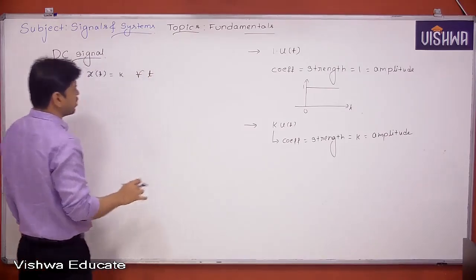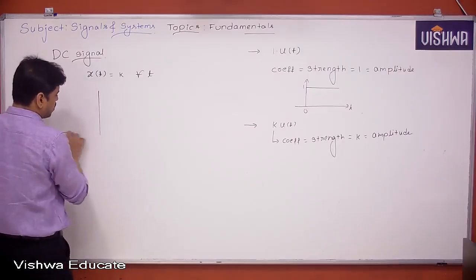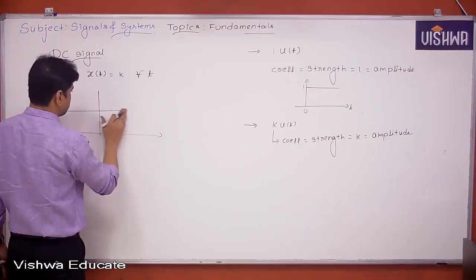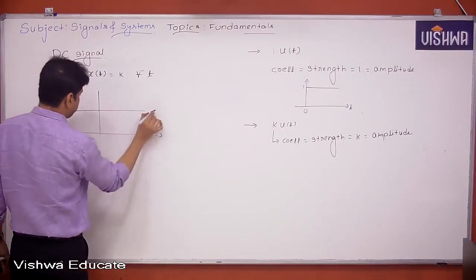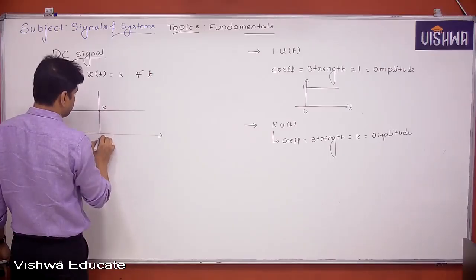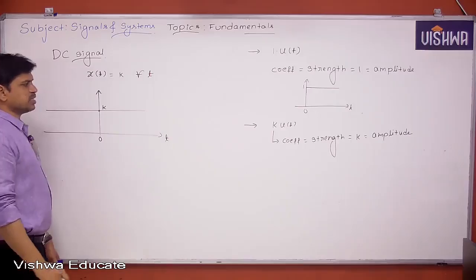That means for every instant of time its value is equal to k. How does it look? Its value is equal to k for all the values of time. That's what the DC signal means.